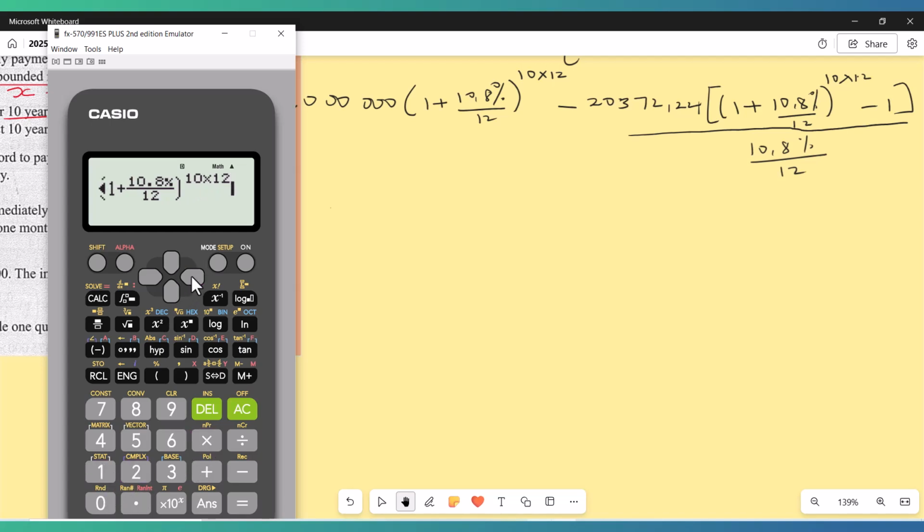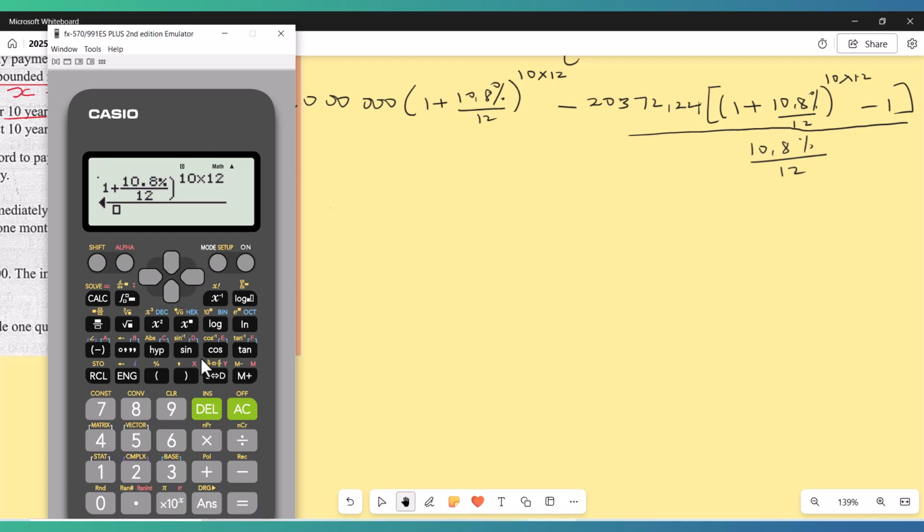Now this money, you're going to say minus the future value. Don't forget the monthly payment here, 20,372.24, then open bracket again, then 1 plus the 10.8% divided by 12 because we are compounding monthly, then to the power of 10 years, power 10 multiplied by 12, don't forget that.